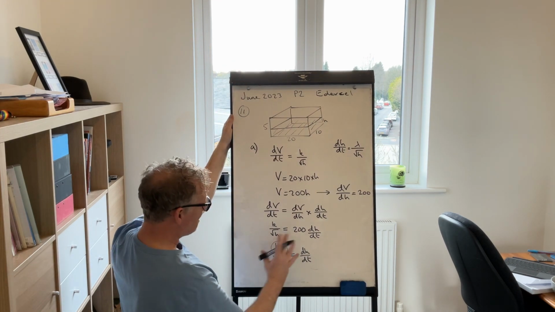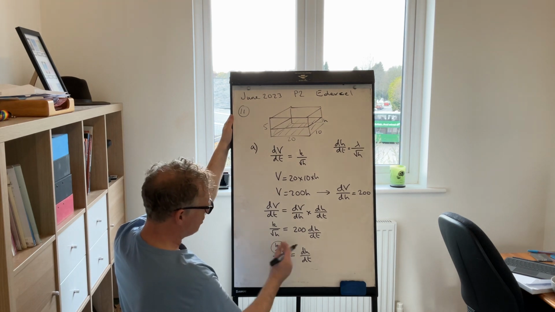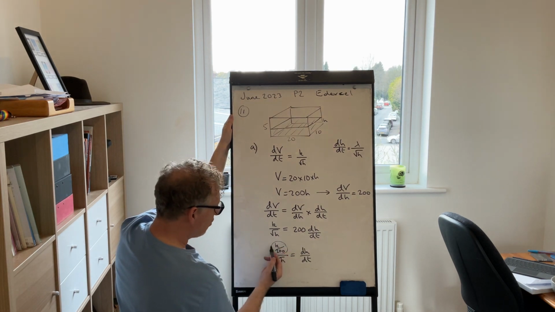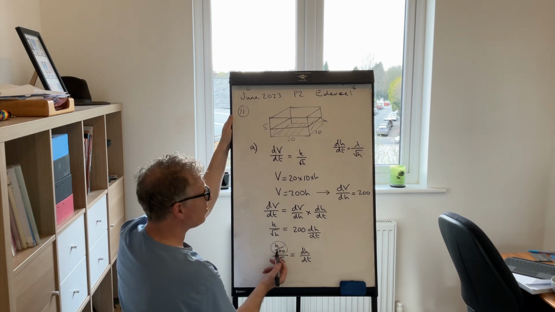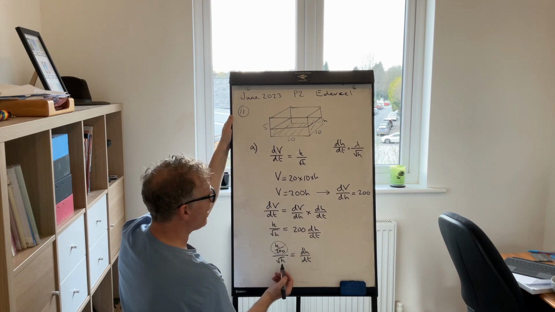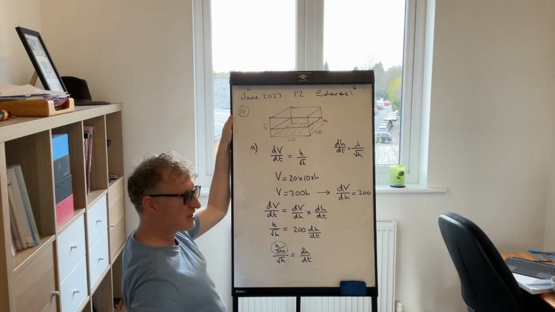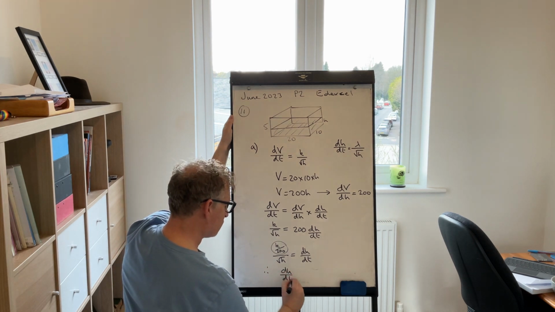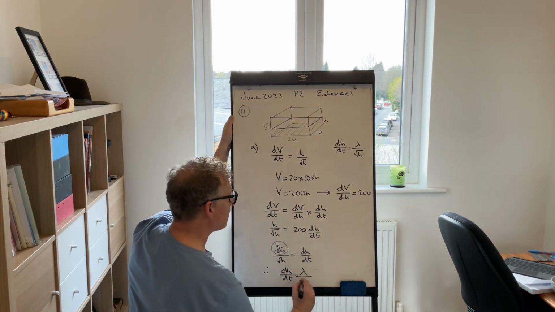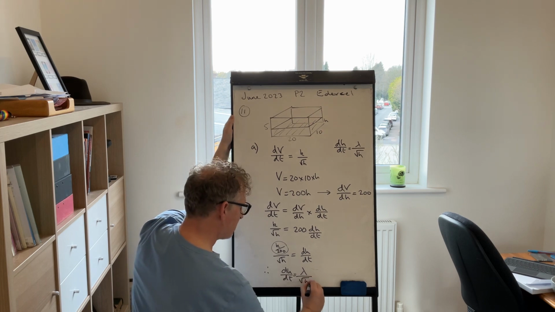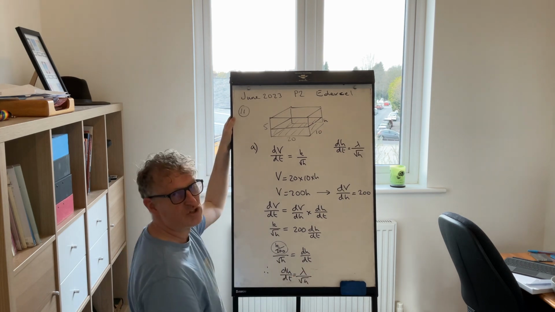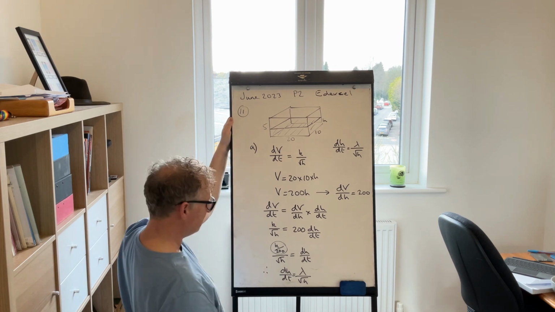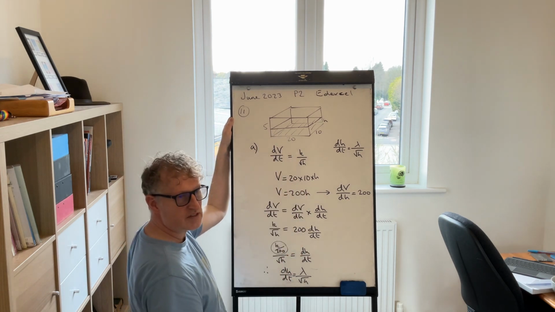With these particular questions, sometimes you end up with something that is a constant. k is a constant, divided by 200, it's still a constant. So it's some constant over root h, and they're just calling that constant lambda. So therefore, dH by dt is what we want, lambda over root h, where our lambda is k over 200. Okay, done. Nice and simple.